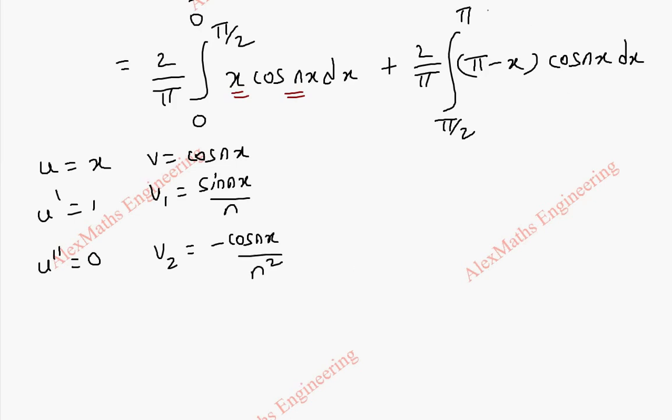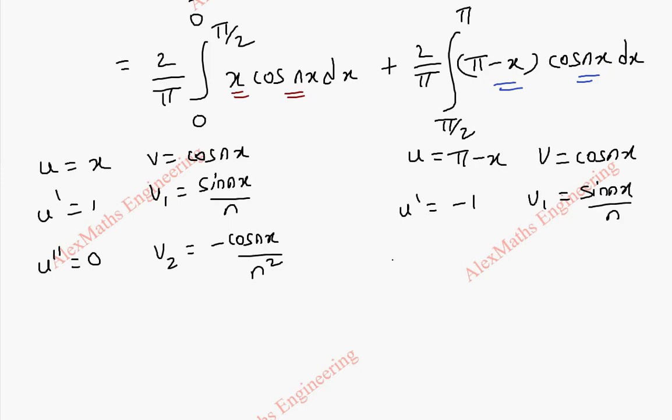The same way for the second part: here u is pi minus x and v is cos nx, and u dash becomes minus 1 and v1 becomes sin nx by n, and u double dash becomes 0 and v2 becomes minus cos nx by n square.